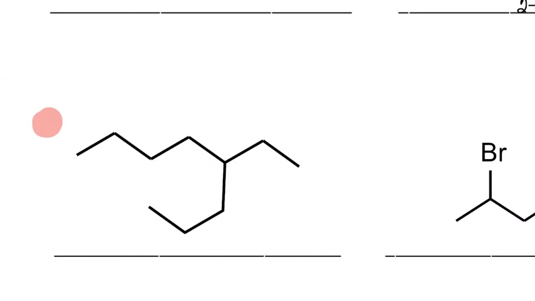We're going in terms of an alkane from CH3 to CH3. The correct answer is 8, because we will go 1, 2, 3, 4, 5, 6, 7, 8. That is the longest continuous chain of carbon atoms.